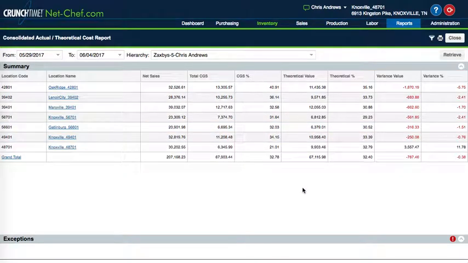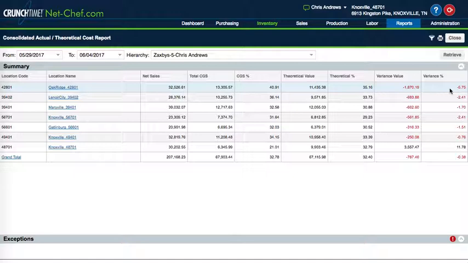So there's a handful of things that I look at right out of the gate that general managers can use to know how you're doing and how accurate your counts are. One of the first things I look for is variance. If you have a negative variance, that means that you have a little bit less product in your store than what the system thinks you should.